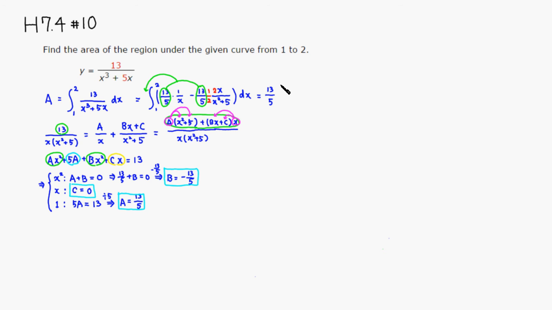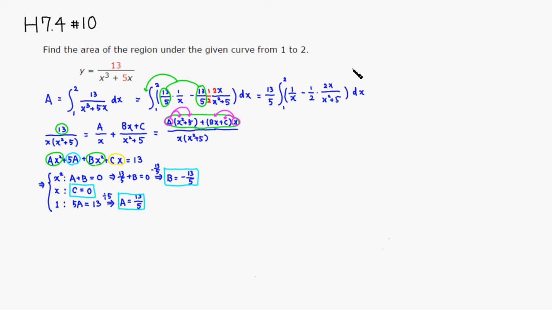Then you have the integral from 1 to 2 of 1 over x, which we know how to find the antiderivative of, minus 1/2 times 2x over x squared plus 5, with respect to x.